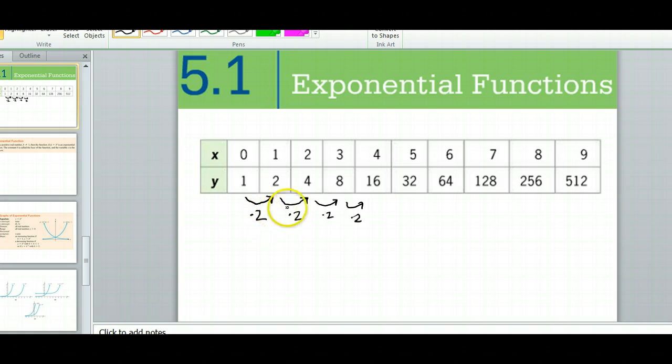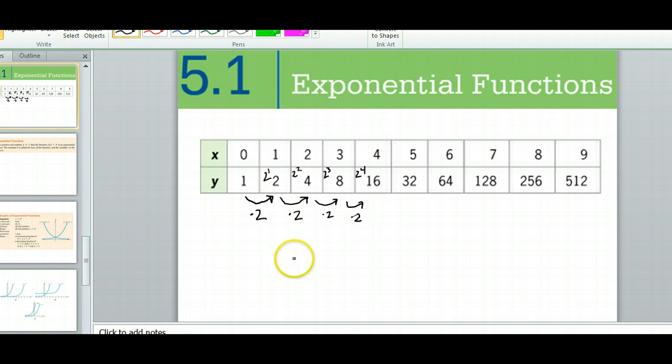Another thing that's going on is this is 2 to the first power. This is 2 squared. This is 2 to the third power, or 2 times 2 times 2. 2 to the fourth power, and so on. So again, that x value is keeping track of how many times we've multiplied by 2 as we go along here.